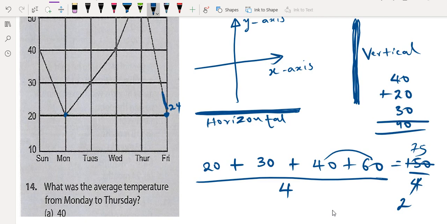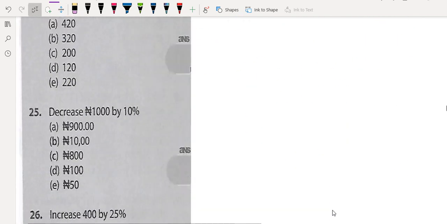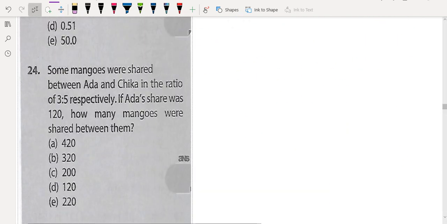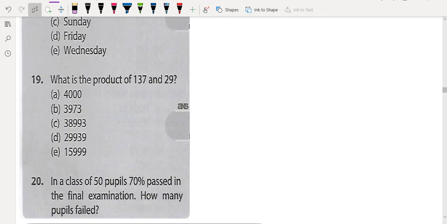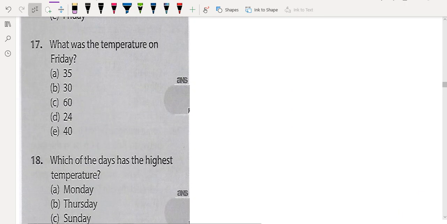Because of the way the graph was plotted, they didn't plot it too well. Let's say it ended here, which is about 24. If Friday is 24, it means Monday is now the day with the lowest temperature, right? Yeah. So let's say it's 24. The graph is not too clear though.